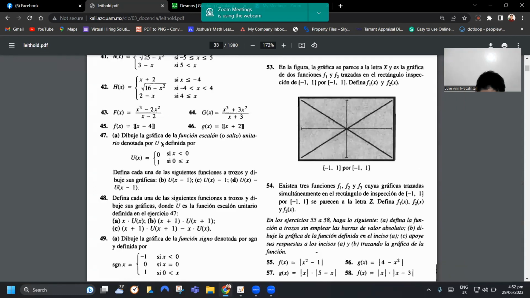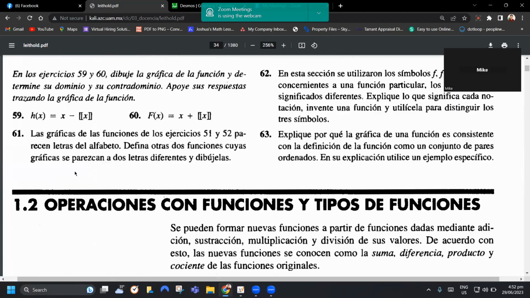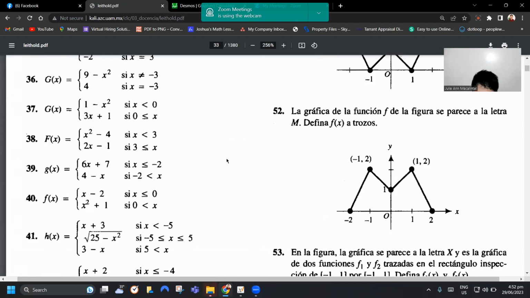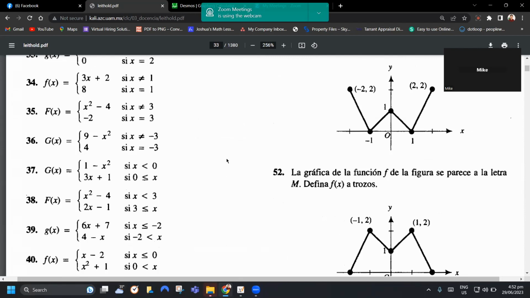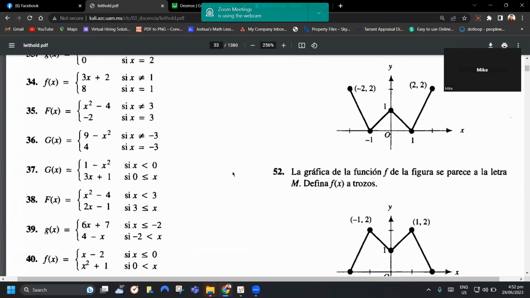Para lang approximate naman ba. Define the functions whose graphs resemble two different letters of the alphabet. So yung graph mo should look like a letter of the alphabet and it should be a function.